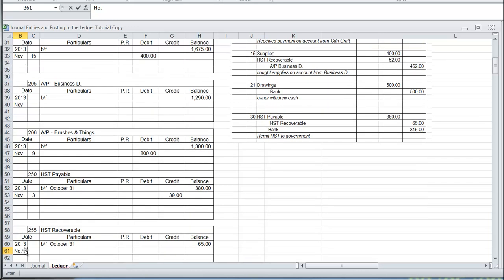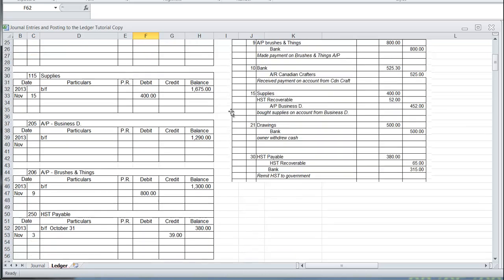And that was the 15th again. And that was a $52 debit there. And then the account payable to Business D was $452. And so that was the 15th. $452.